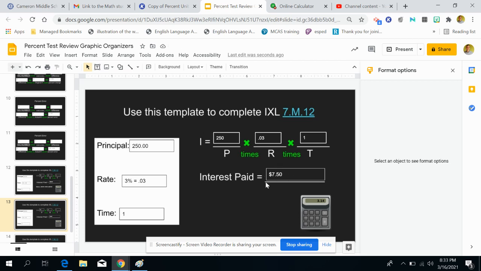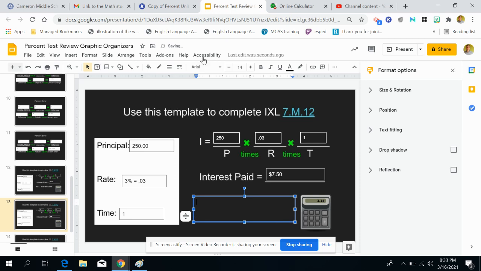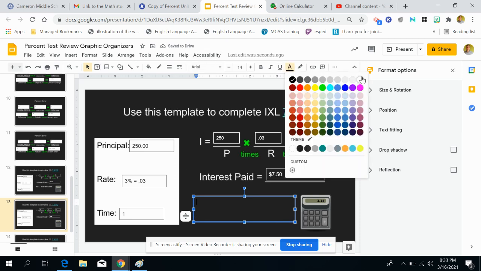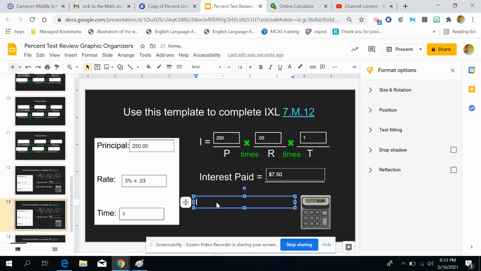Again, just like in the last problem, though, it didn't just ask us for the interest we paid. It asked us, what is the balance? How much money will be in the account after a year? So in order to find that, we have to add the interest that was earned, that was paid to us, to the principal. So the balance equals 250 plus $7.50.